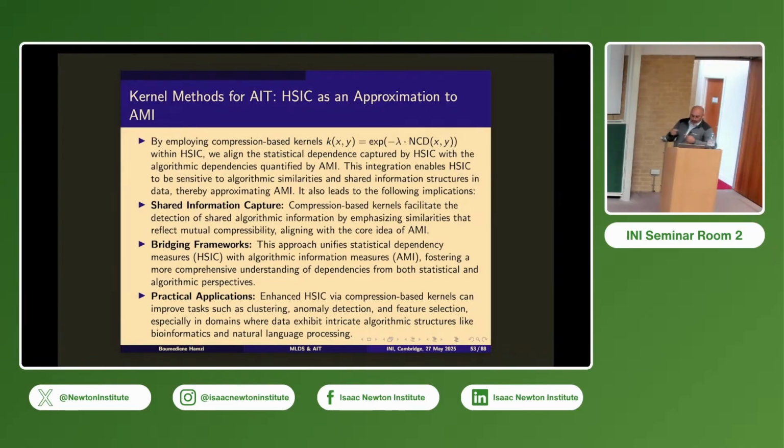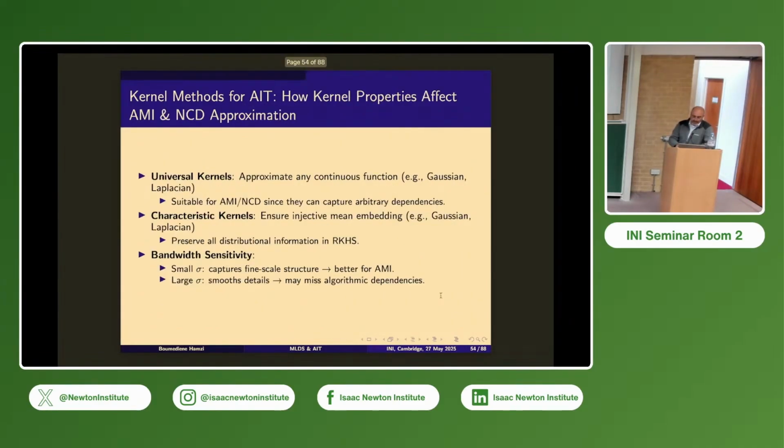So we get both worlds talking to each other via this kind of kernels, and we are able to capture these connections. This approach unifies statistical dependency measures and algorithmic information measures. But a lot of work remains to be done about which kind of kernels and which kind of compressors we need to use in practice.